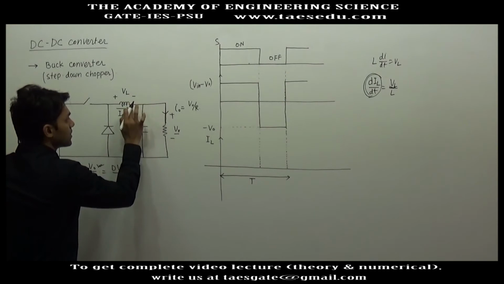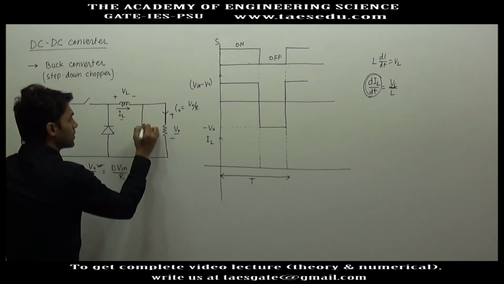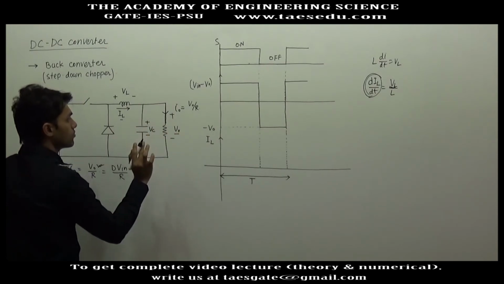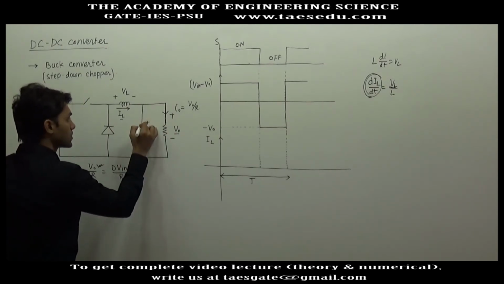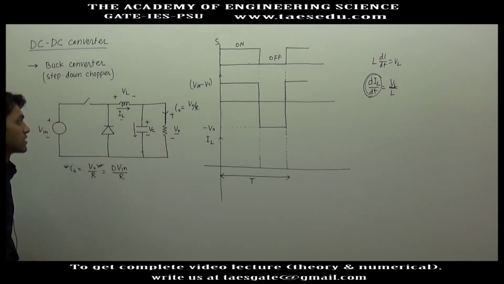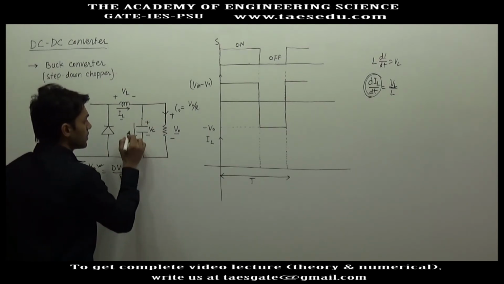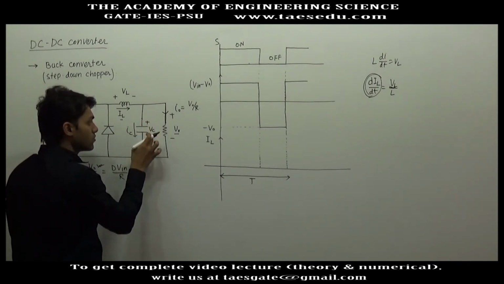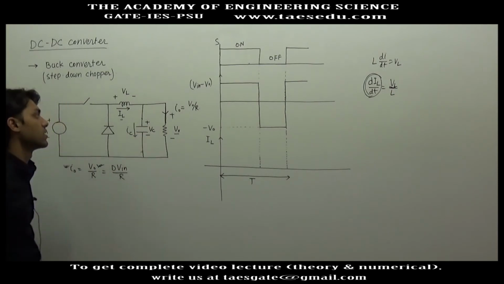This is inductor current. Let's say this is capacitor voltage, which is equal to output voltage. As I have said in earlier lectures also, the reference of current will be taken from positive to negative of reference voltage.